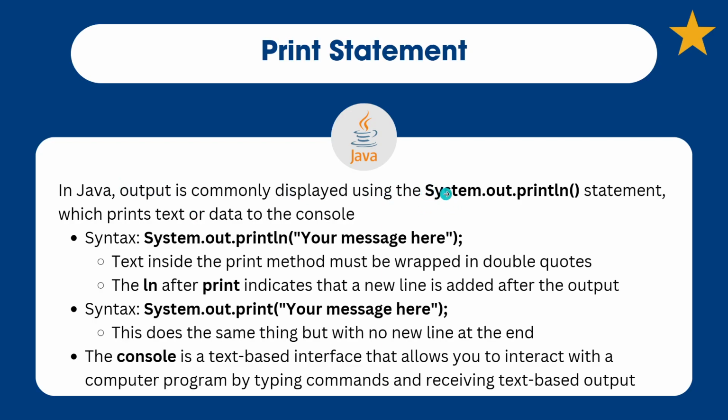We have to use the System.out.println statement, which prints text or data to the console. Well, what is the console? It's the text-based interface that allows you to interact with the computer program by typing commands and receiving text-based output.